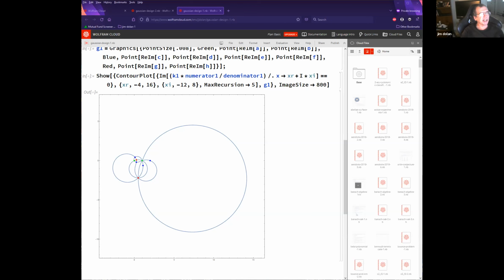Some of the solutions end up having vertexes really close together, and for those I get very suspicious. Maybe that's just an artifact of the numerical solution process.